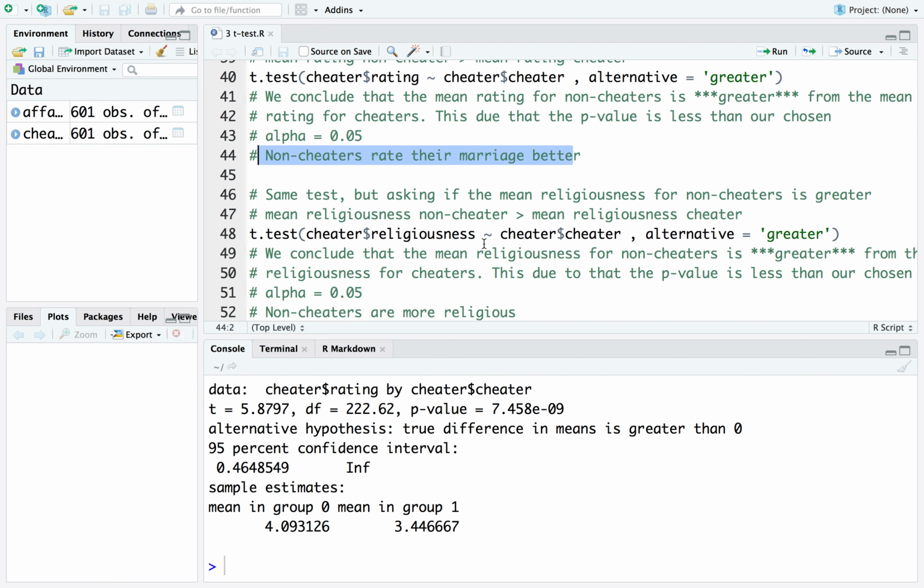Okay, so same test. Let's talk about religiousness. Same test, but asking if the mean religiousness for non-cheaters is greater than the mean religiousness for, sorry, little typo.